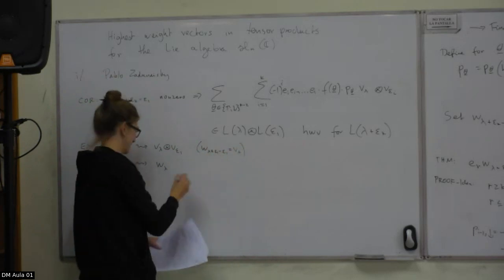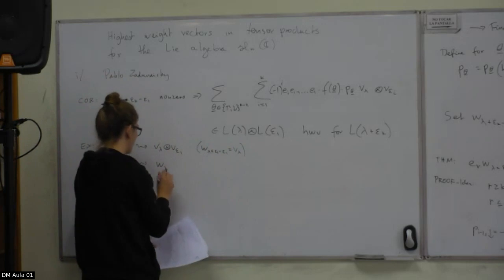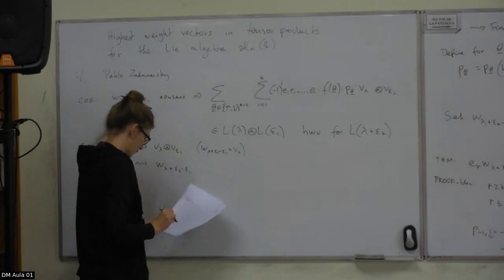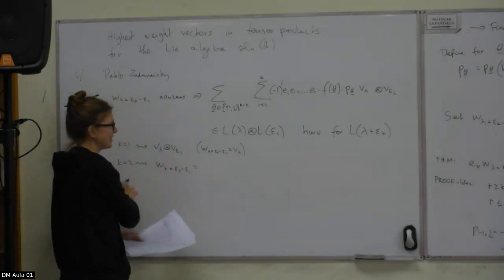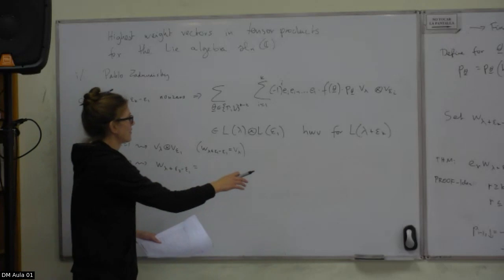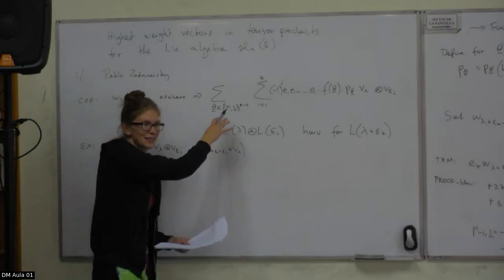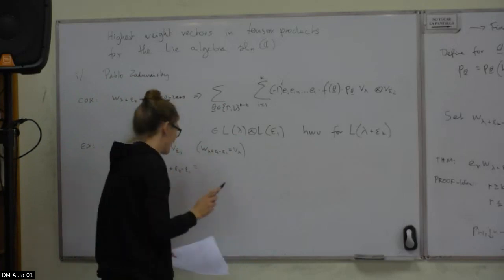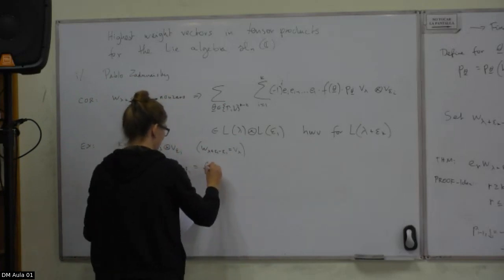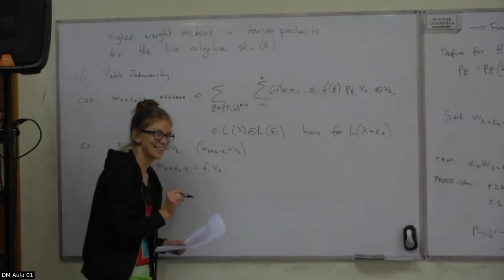But here for w lambda plus epsilon 2 minus epsilon 1, the only theta sequence that we have is the empty set. For the empty set we have one monomial, which is just f1, so this is just f1 applied to lambda.